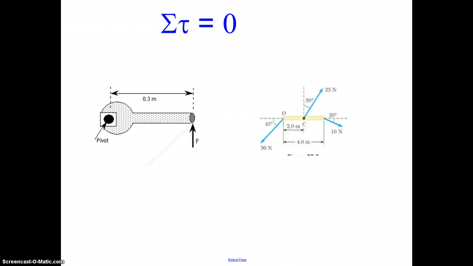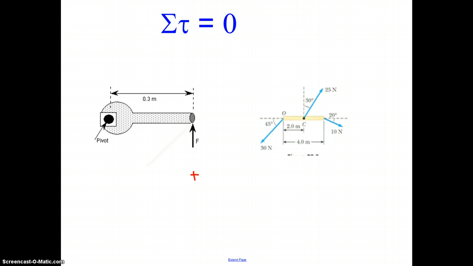The lever arm is the distance from the pivot, where you can imagine the nut is turning, to where the force is applied along the handle of the wrench. This would cause, in the diagram here, positive torque rotation, because it would cause the wrench to rotate in a counterclockwise direction.